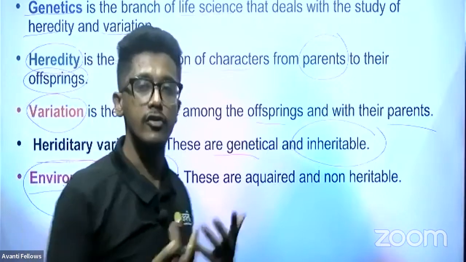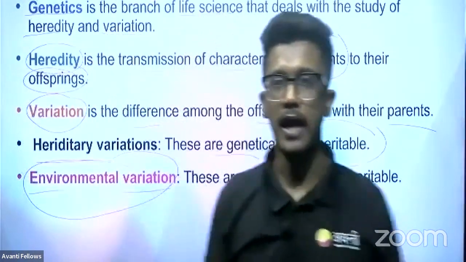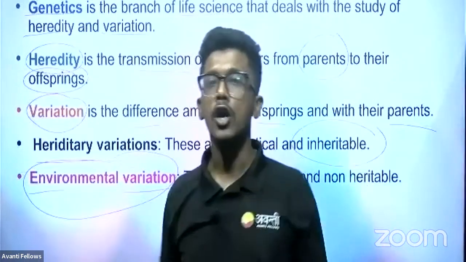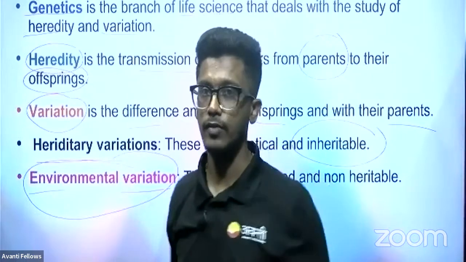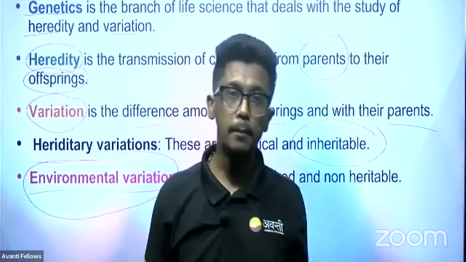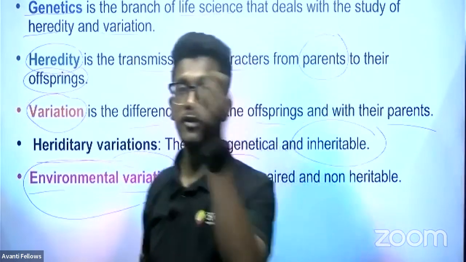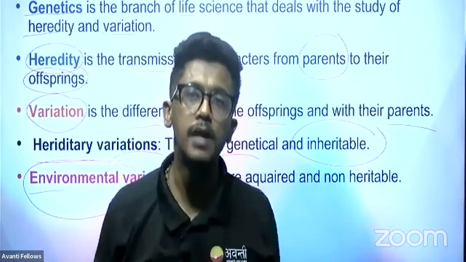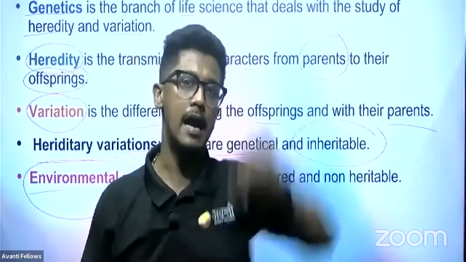After a few years, my body develops a specific type of gene or ability where it can function normally in hypoxic conditions where there is very limited oxygen. So this variation was picked up due to environmental factors. Now, when I give birth to a young one, that doesn't mean he will also have the ability to live in the higher altitude.